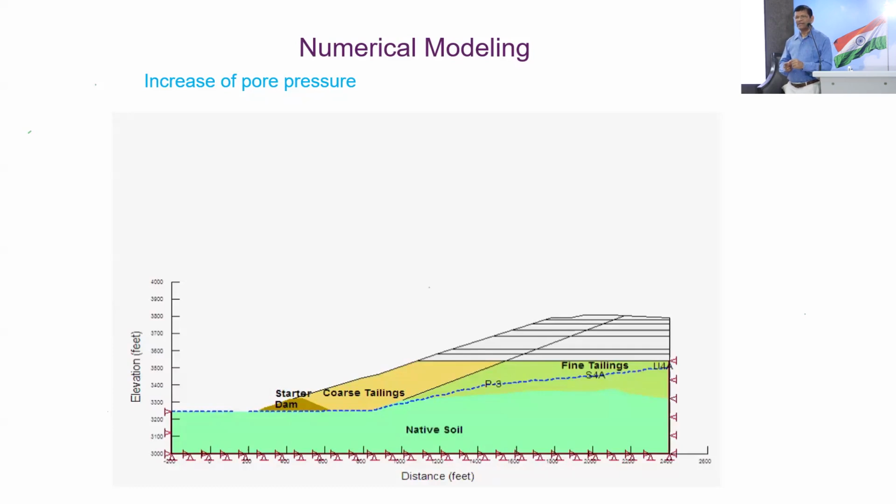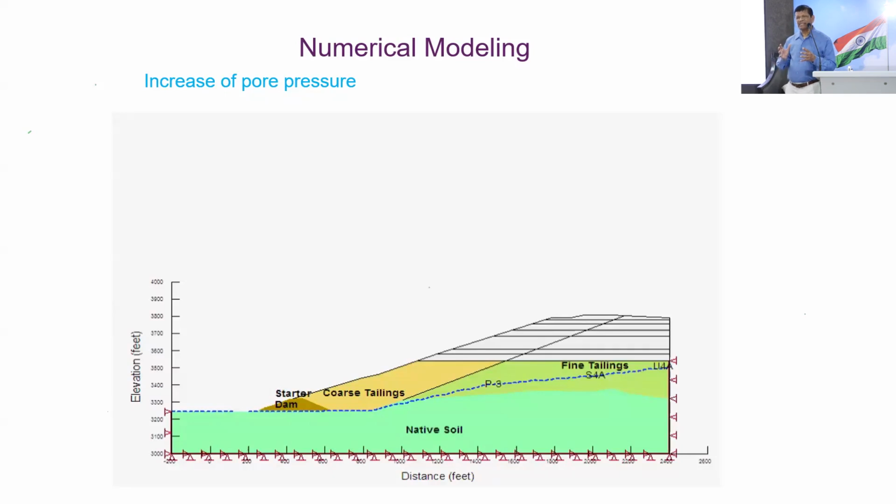Currently, at the last tailings dam conference I attended, at the end of the conference there was a consensus that the limit equilibrium method is not applicable for tailings. But I will not make that statement.